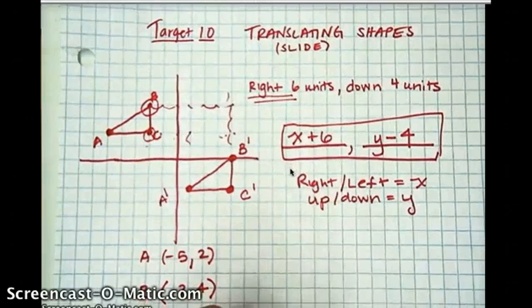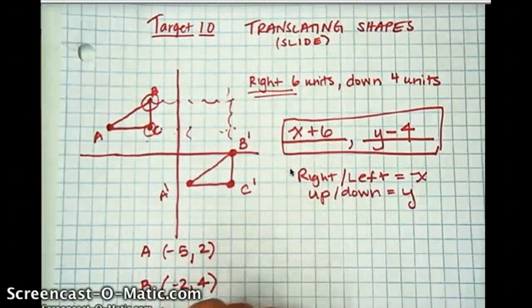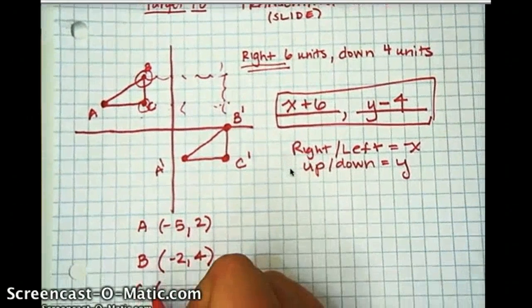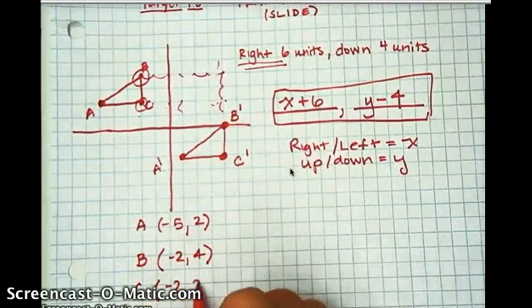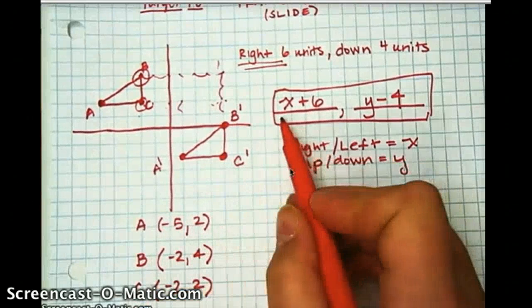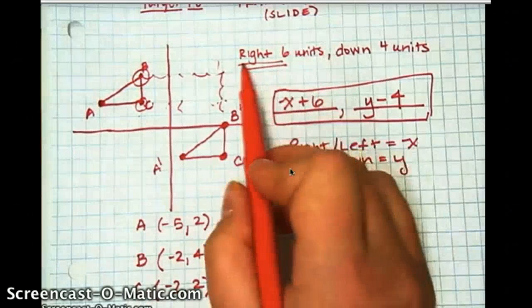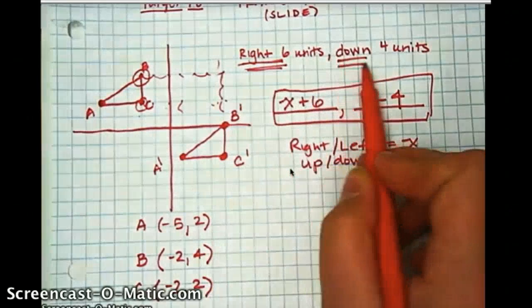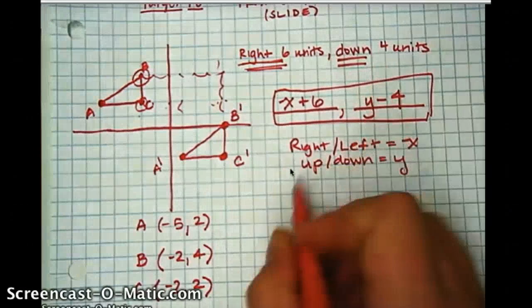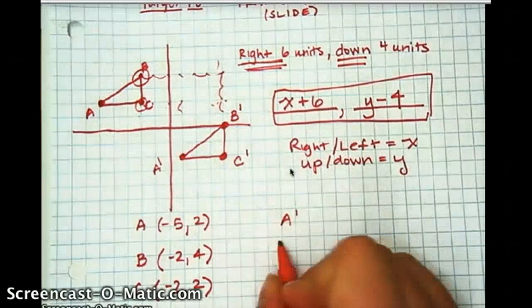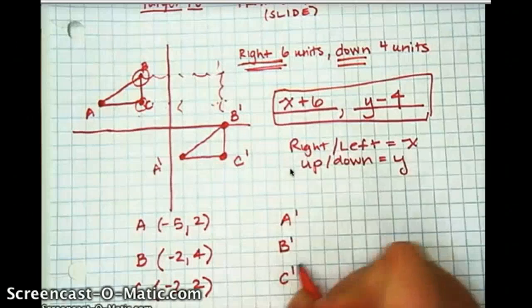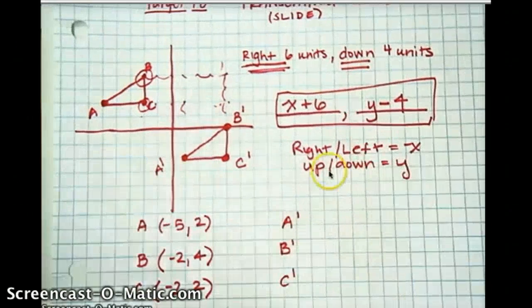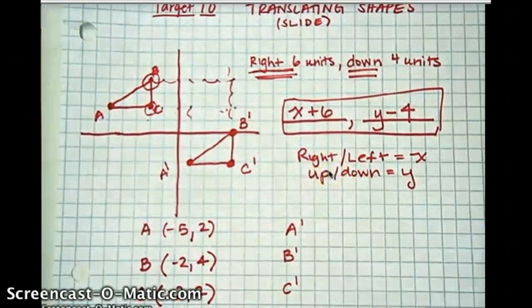Our initial C was, let's see, negative 2, comma, 2. Alright, so now, if we were to follow right 6, so plus 6 in my X direction, and down 4, so minus 4 with my Y's, I could get all of my new points using this rule without ever having to graph it.